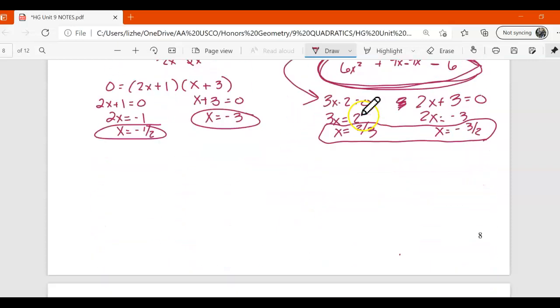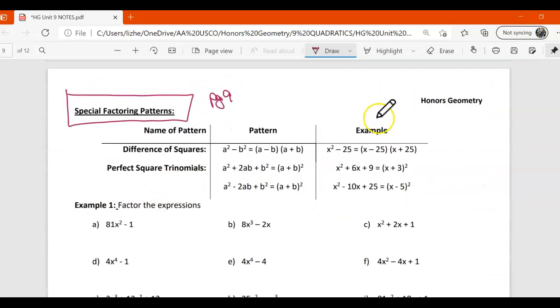And now we're going to look at some special factoring patterns. These are nice because if you train yourself to recognize these patterns, then you have a very simple factoring job because they will always factor the same. So this first one is called the difference of squares. This is a very important factoring pattern.